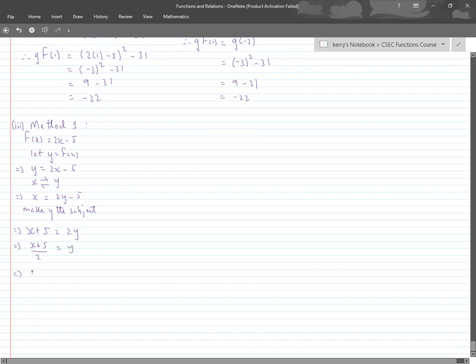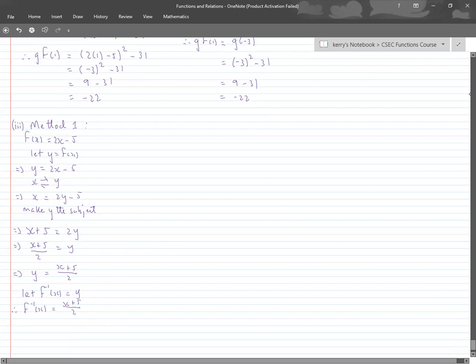Rewriting it a little bit more normally, y is equal to x plus 5 all over 2. And now the last step is you let f inverse of x be equal to y. So therefore, f inverse of x is equal to x plus 5 over 2.